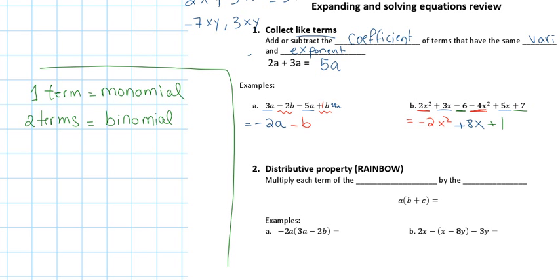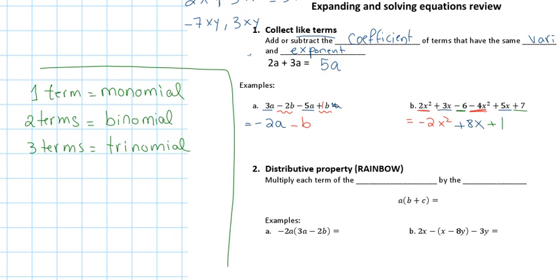And if I have three terms, it's called a trinomial. So one term, monomial; two terms, binomial; three terms, trinomial.